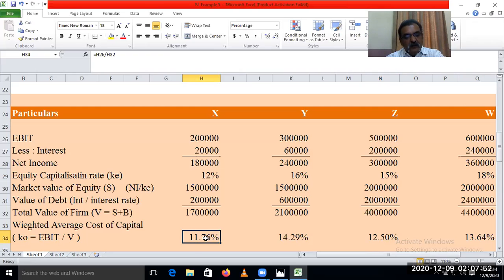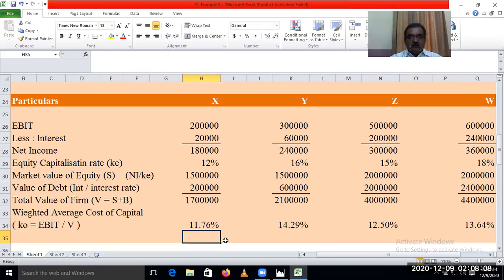I have given the formula here: H26, that is EBIT, divided by H32, which is value of firm. So EBIT divided by value of firm into 100, you will get the overall cost of capital. And on the same line, we have calculated the overall cost of capital of each firm. So this is example number 5.